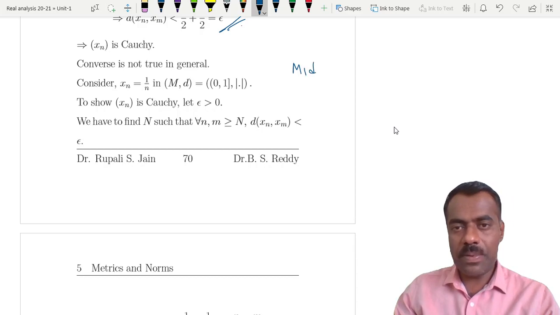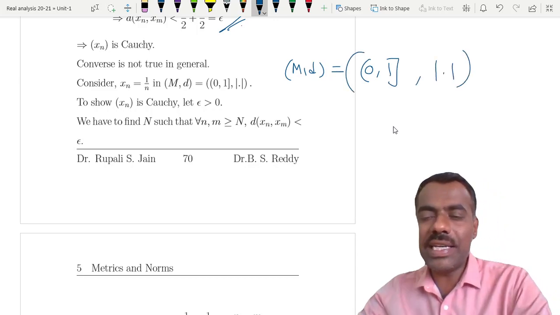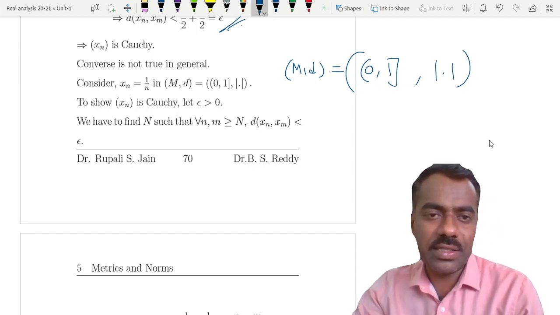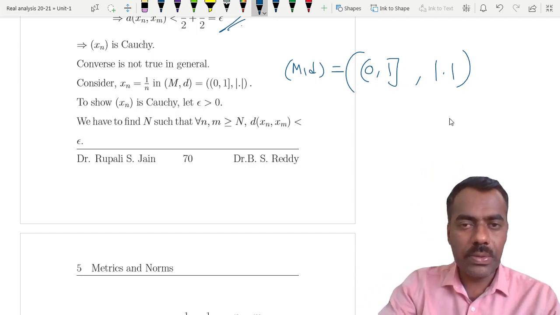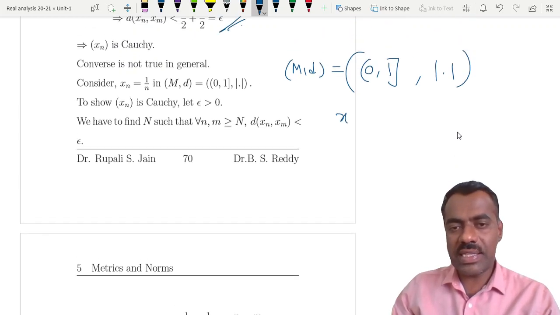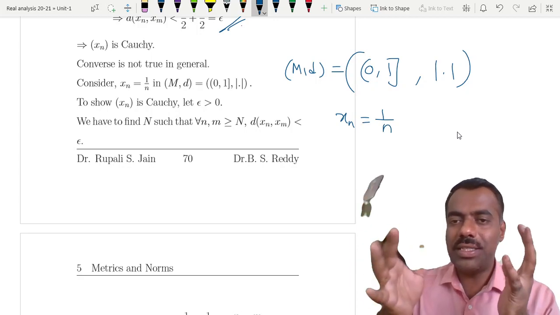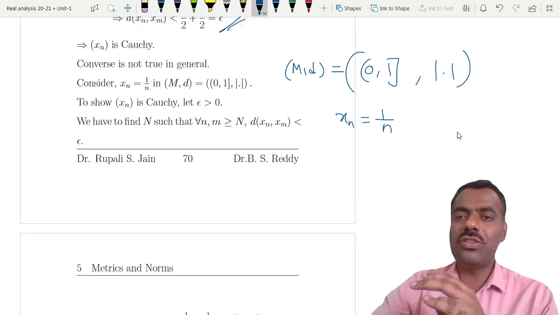So the example we are considering here is this: you take M as the open-closed interval (0, 1], and the metric is |x - y|. That's all, the absolute value, right? Now in this we define a sequence x_n as 1/n. You can think that usually 1/n tends to 0, right?